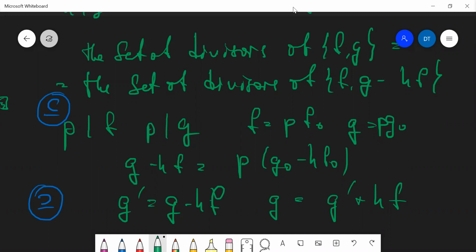So now, since the set of divisors for each pair is the same, then the greatest common divisors in both sets are the same, just by definition. So that's why the set of greatest common divisors for this pair is exactly the same as the set of greatest common divisors for this pair.